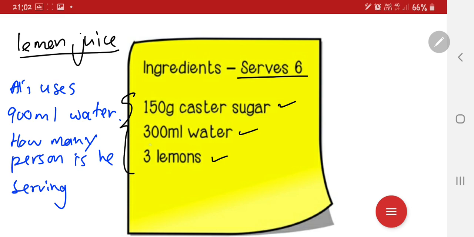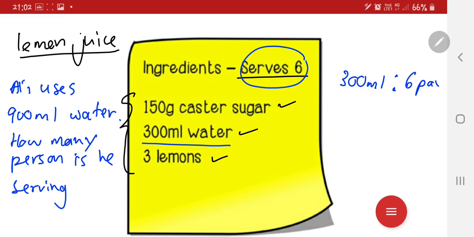You look at water, you look at the number of servings. You know that for 300 ml you can make for 6 people, 6 packs. So if you have 900 ml, how did you get from 300 to 900?